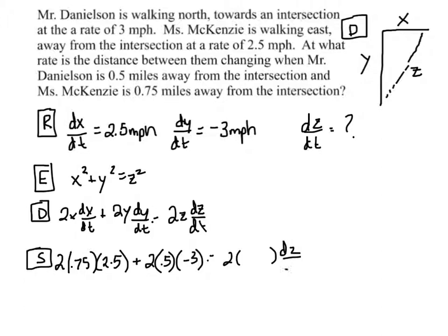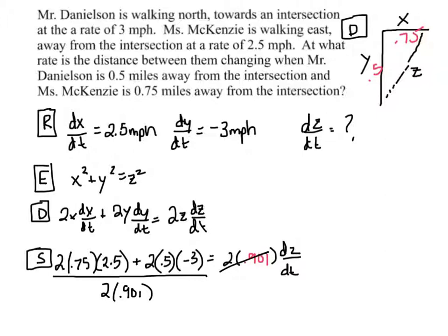And we're going to have to use our calculator and little Pythagorean theorem, knowing that this is 0.5, this is 0.75. We're going to have to use Pythagorean theorem and solve for the hypotenuse. And if you do that, that comes out to be 0.901. And so now we're solving for dz/dt, so we would just divide by 2 times 0.901, like that.